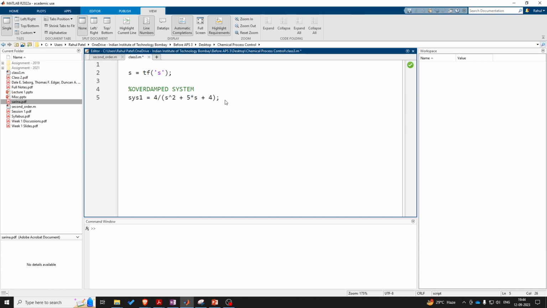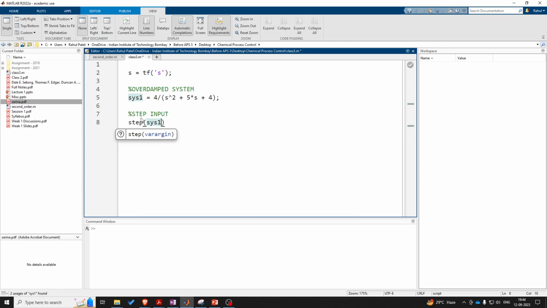So this is the transfer function corresponding to the overdamped system, and if it is subjected to a step input, I can straight away use MATLAB's inbuilt function in order to find the response corresponding to the step input.